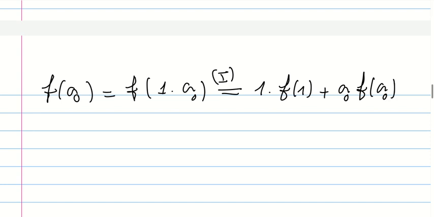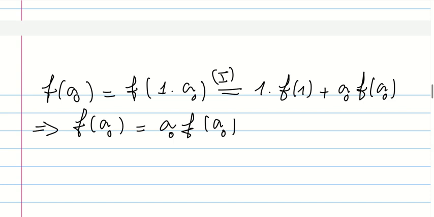And this leads us to say that f of a 0 equals a 0 multiplied by f of a 0. Why? Because we know that f of 1 is equal to 0. It is proved before.